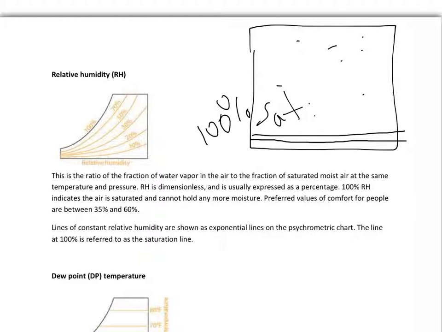So when we look at our total, it's going to be 100%. If we have half as much as our full carrying capacity, we can say that that is going to be 50% relative humidity. All right. So for any given air temperature, the comfort zone for people is going to be between 35 and 60% relative humidity.